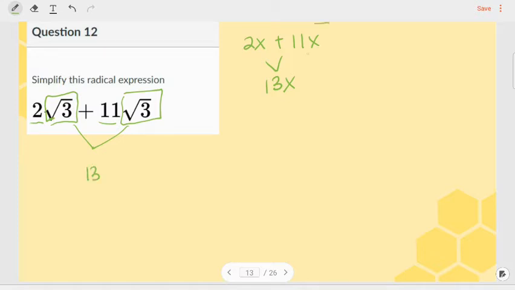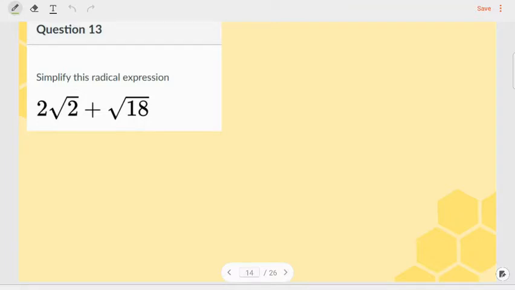And just like on this example over here, with my x's, I just brought along the x for the ride. So I'm just going to bring along my radical of 3 for the ride. And that would be my final answer. Now, if I jump to this problem, I see I have another addition problem.